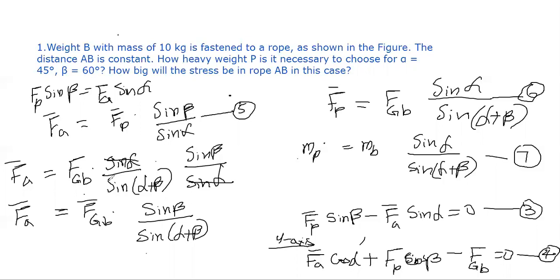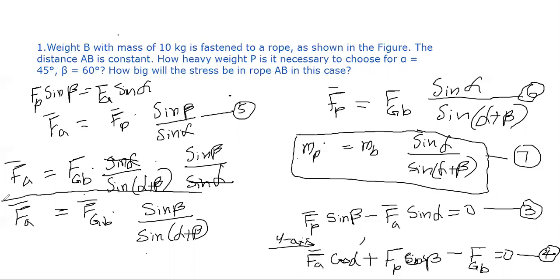So now we have all the equations, right? We need to find the mass P. We have the equation for mass P, and we have the equation for the force with which the rope is tied to the wall. We just need to substitute the values. Let us look into the question.